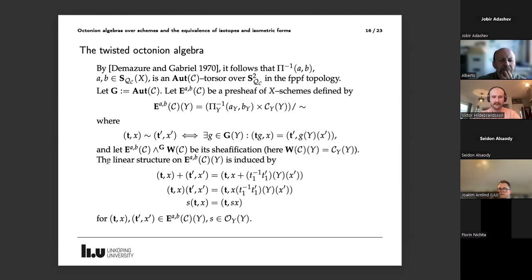And then we let E_AB wedge G W C, a mouthful, be the sheafification, and this is then the twisted Octonion algebra. And we have a linear structure on E_AB, which is induced by these three conditions. So we have this addition, multiplication, and scalar multiplication.